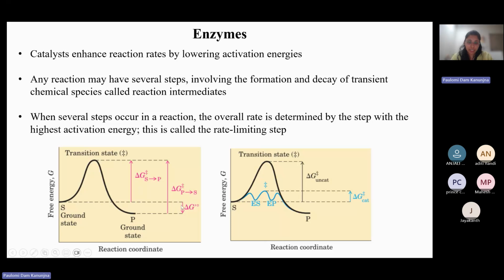What was this big a climb has now become just this much, and it doesn't even have to worry about this change because you have an enzyme substrate complex, enzyme product complex, which quickly forms and dissipates into the product formation. So whatever was this size, this energy difference has now converted only to this. That's how you can see the transition from S to P has become very quick.